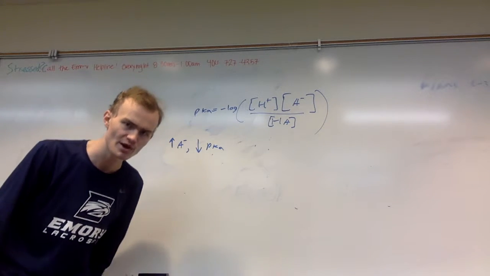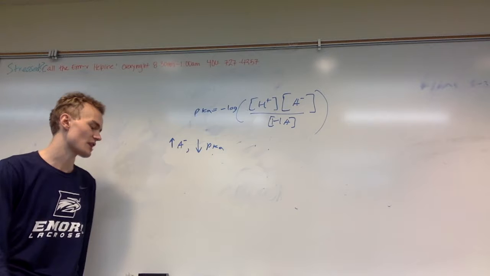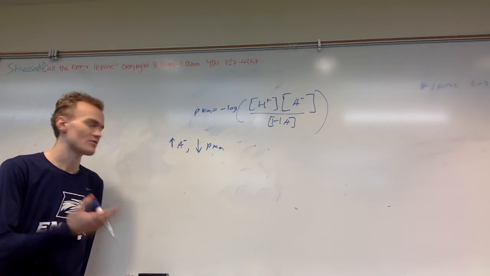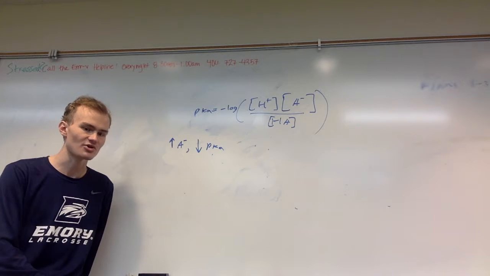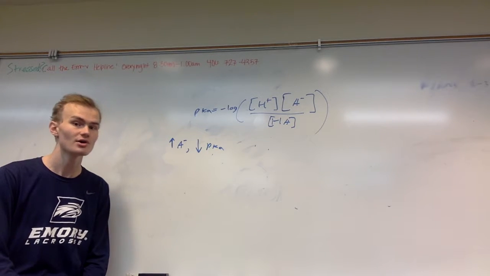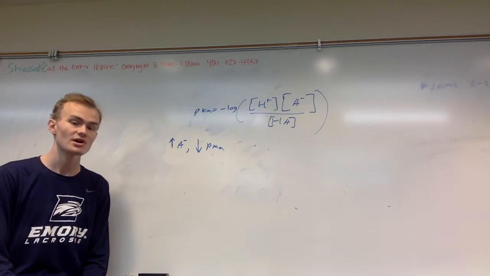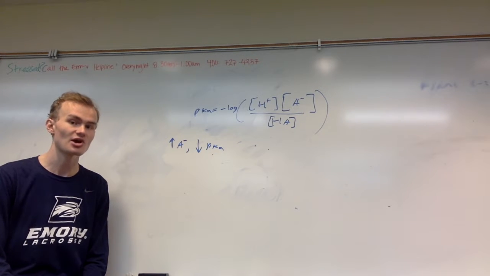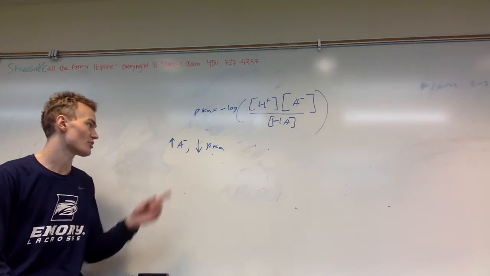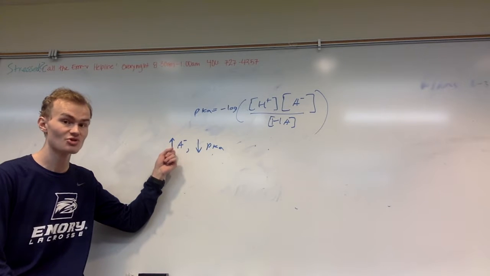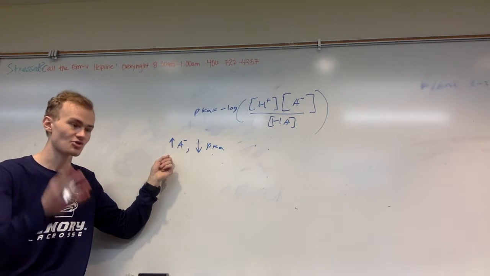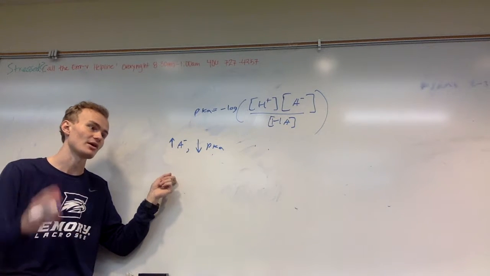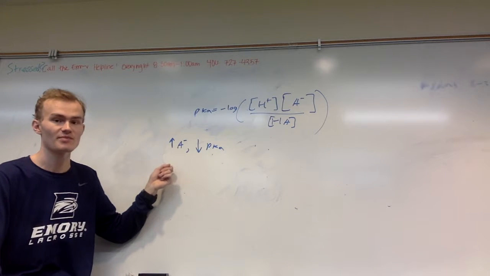Now, a fundamental question I wanted to ask you is why do you think this is important? Well, whether an acid is strong or weak depends upon how stable its conjugate base is. So if there's a lot of conjugate base, the chances are that the acid had to be strong.